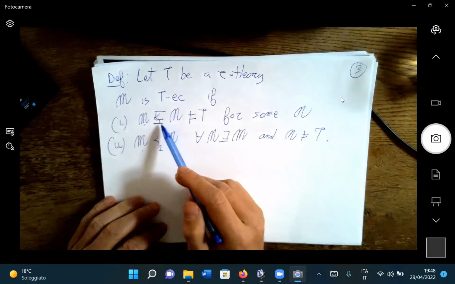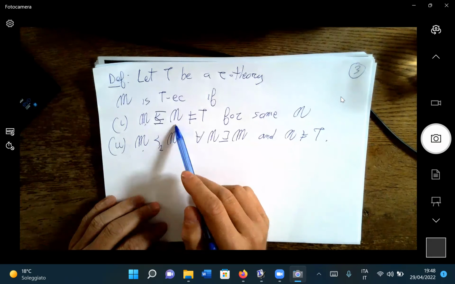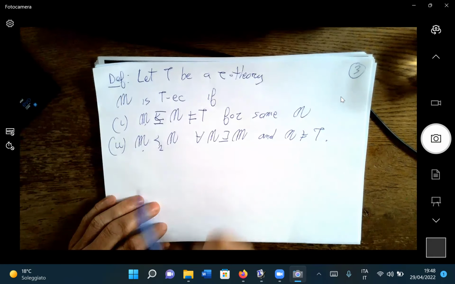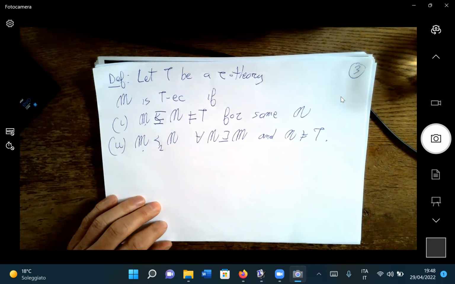So there is some superstructure of M which is a model of T, and then such superstructure is a sigma 1 elementary superstructure.